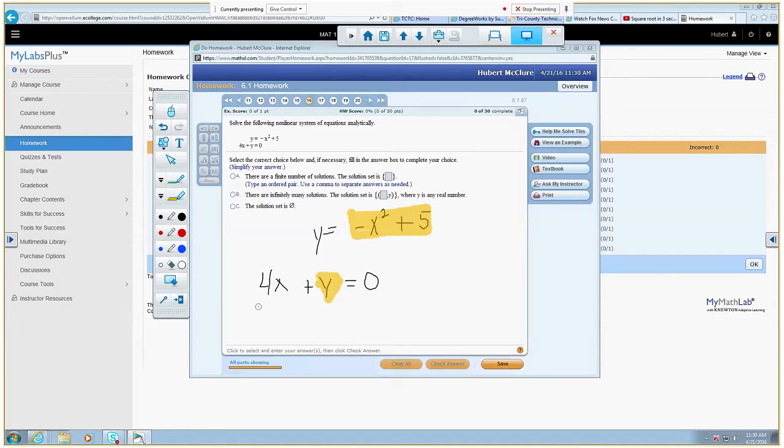And that's going to give me 4x plus parentheses, because Hubert always puts a big set of parentheses whenever he does his substitution, equals 0. And negative x squared plus 5 goes in the parentheses. I'm going to take my handy dandy highlighter again.